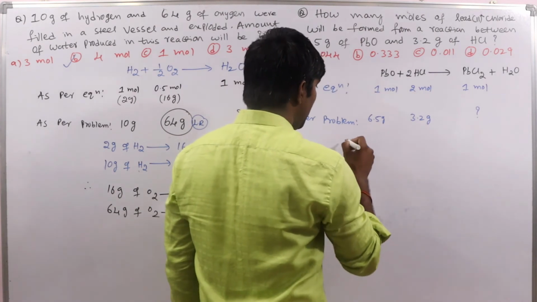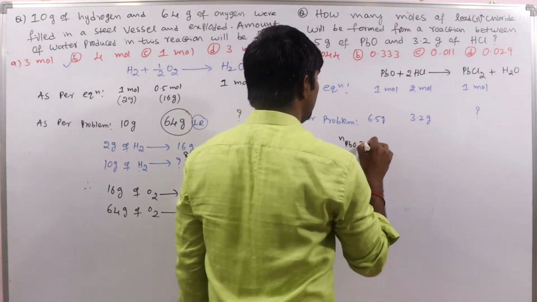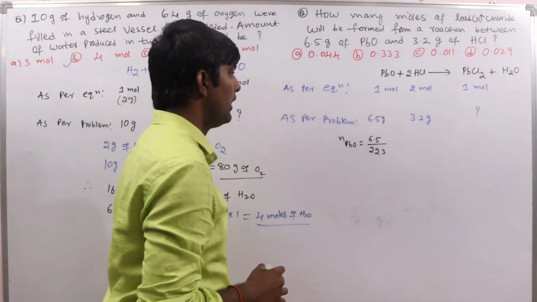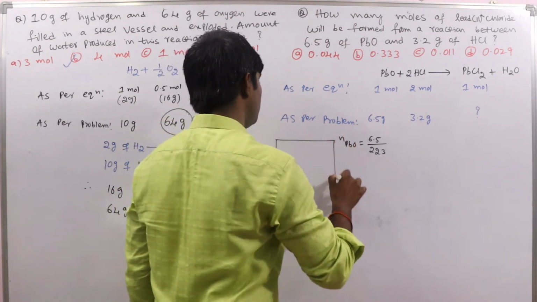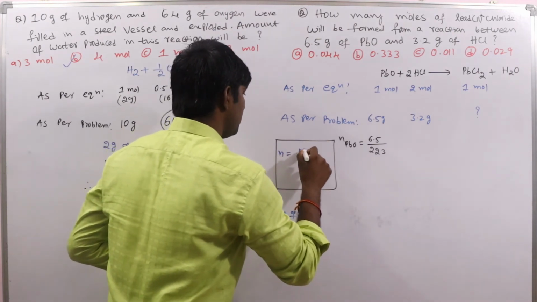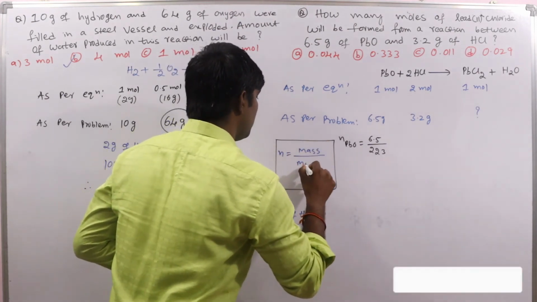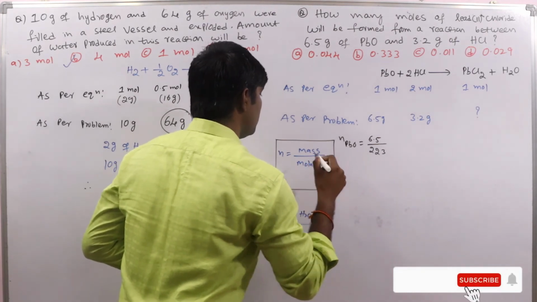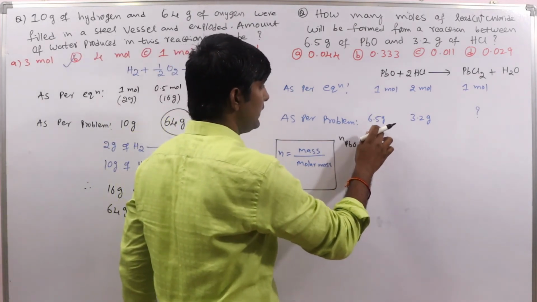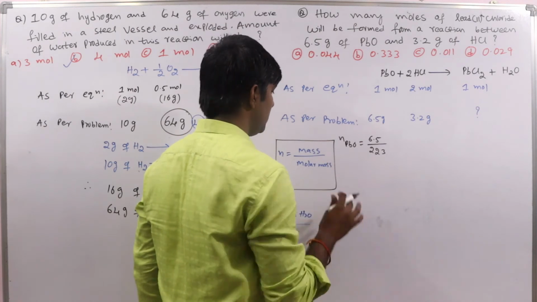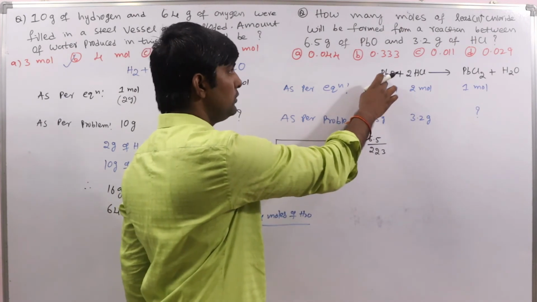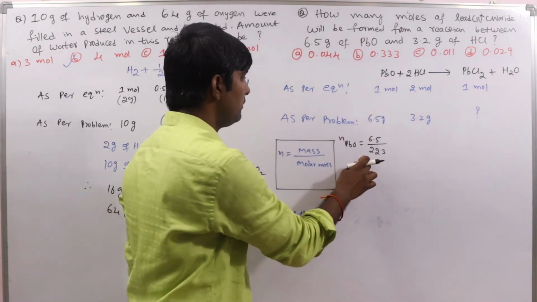Let us calculate the number of moles of PbO: 6.5 by 223. What is the formula to calculate the number of moles? Number of moles equals given mass by molar mass. Here the given mass of lead oxide is 6.5 grams. The molar mass is 223, because the atomic weight of lead is 207 and oxygen is 16; total is 223.